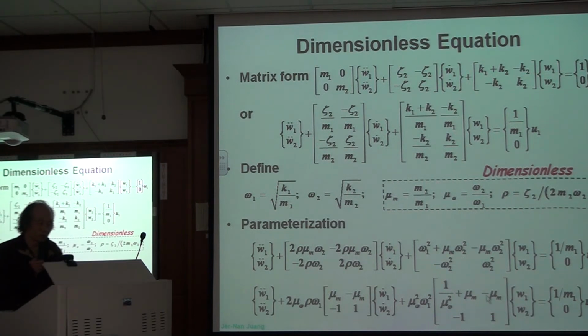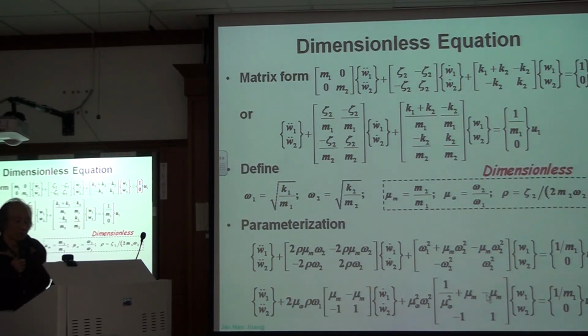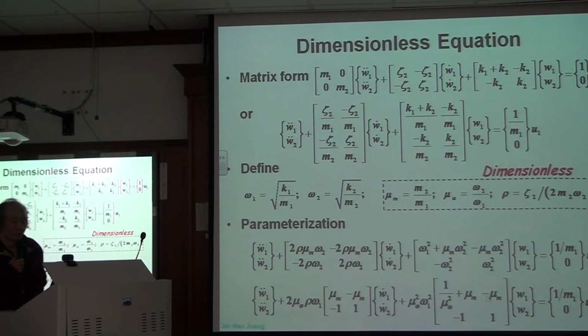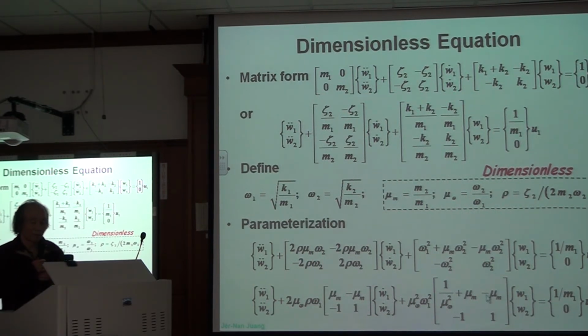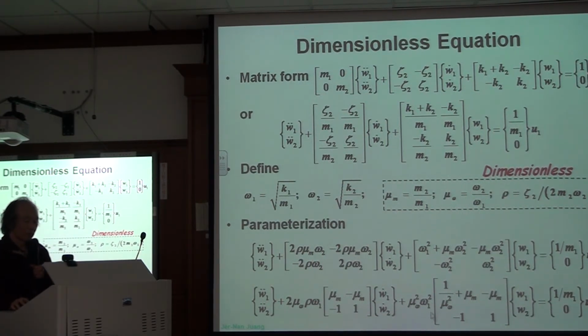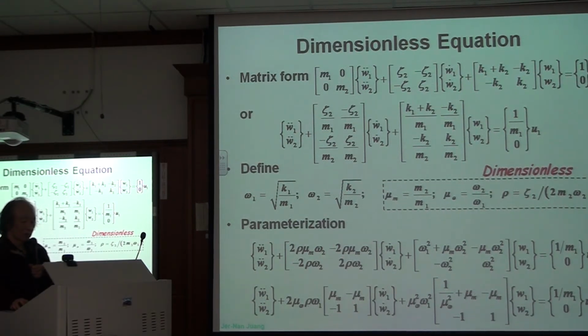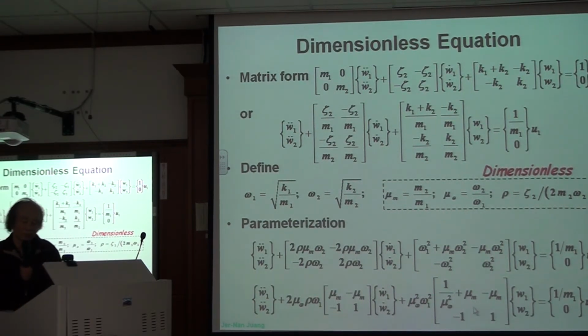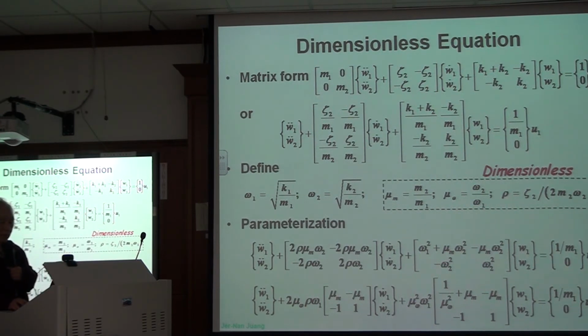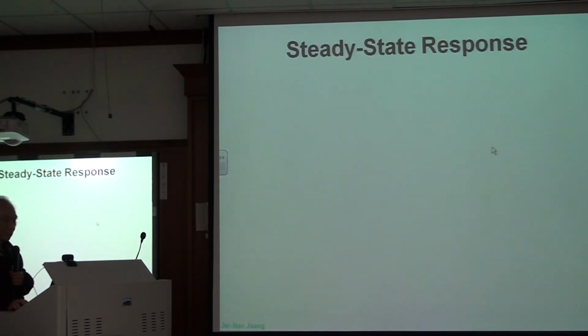If we do this and simplify it further, then we have only omega 1 here, and other than that it is all dimensionless parameters, except we have M1 here. The reason, again, I do this is so that when I design the TMD system, it is easier.